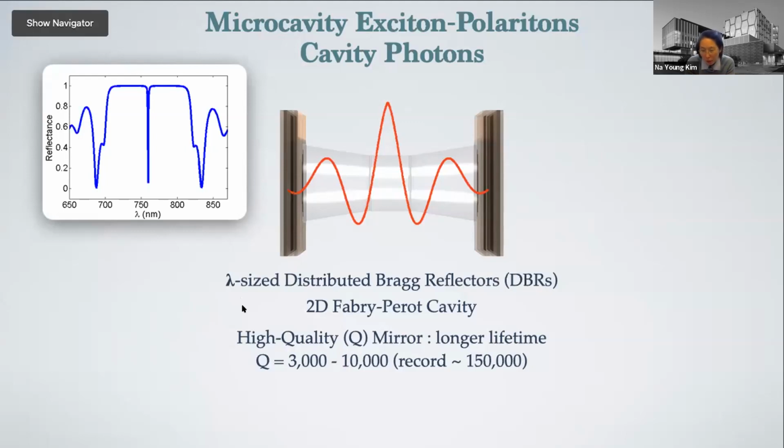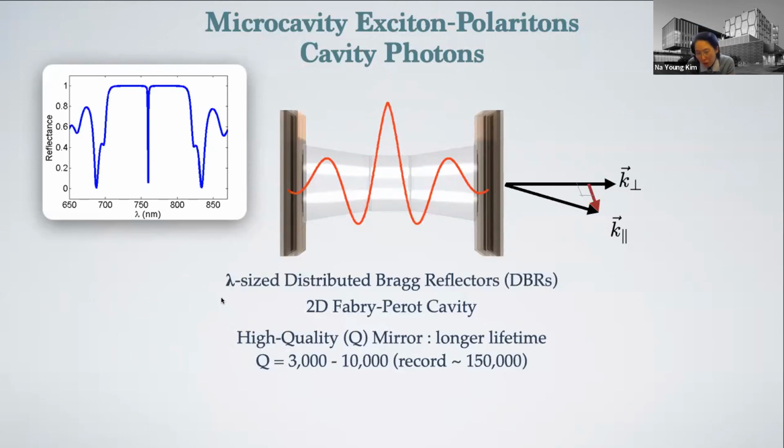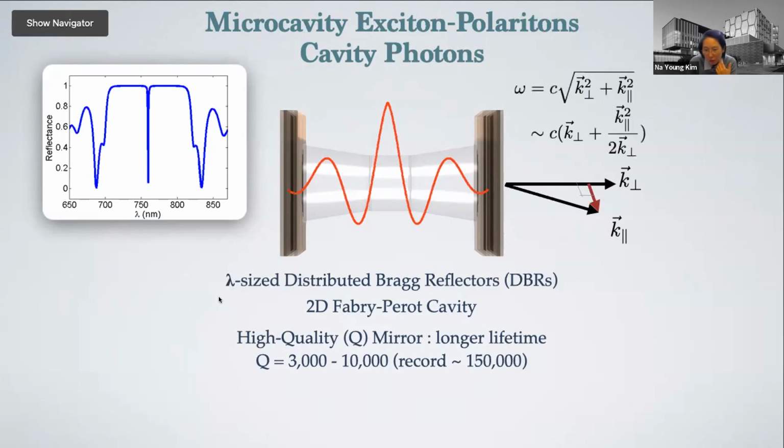For us, the Q is not as impressively high, and typically the lifetime is about a few picoseconds. One more thing I want to emphasize is that because of the breaking of translation symmetry in the growth direction of this cavity, we can confine the photon, and effectively this photon can have an effective mass.